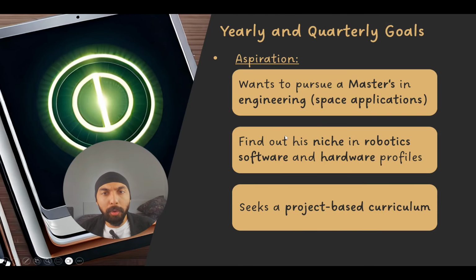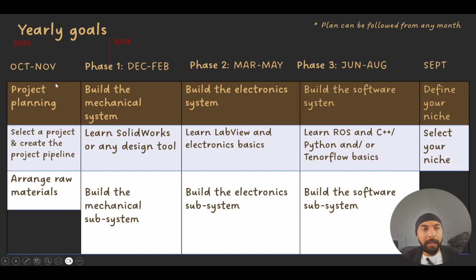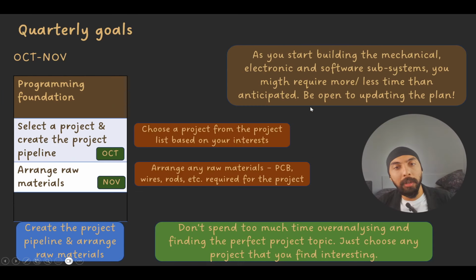Okay, so this is how the plan looked like. Project planning for 2 months, then the next 3 months dedicated to building the mechanical system, the next 3 months dedicated to building the electronic system, and after that build the software system, and spend a month really thinking about which of the subsystems you really enjoyed working with the most and define your niche very clearly. So this is how the plan was.